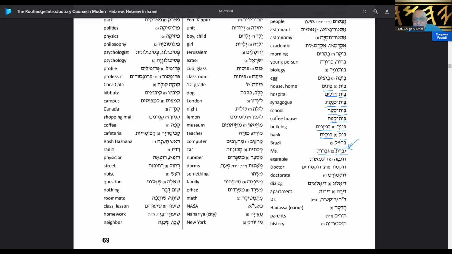But look at this. They've got Mrs. here, not Mrs. Okay, so I guess it is the same thing because גברת still uses Geveret. And then Gevarot. Okay, all right, let's try here. Example, dugma, dugmaot, examples.